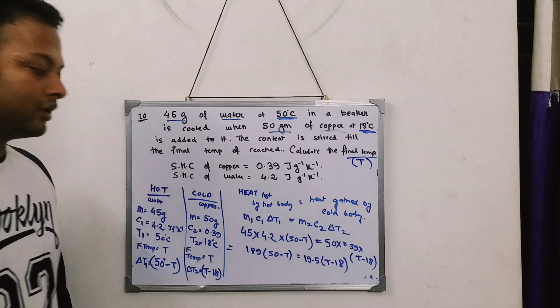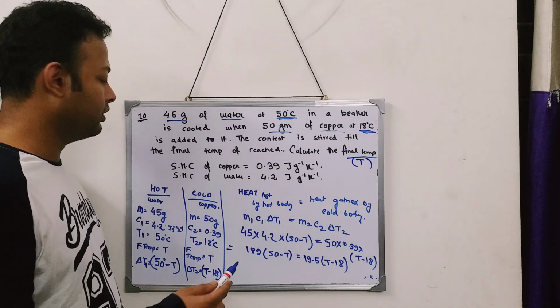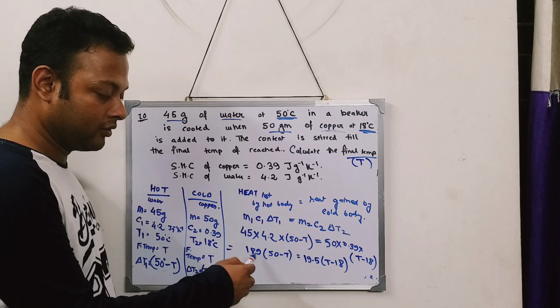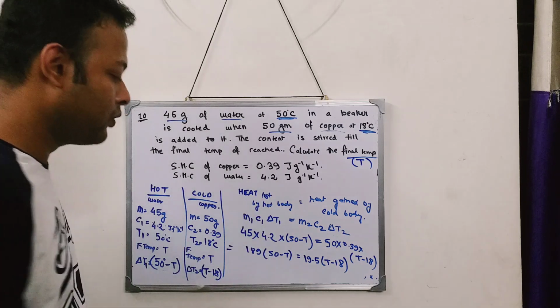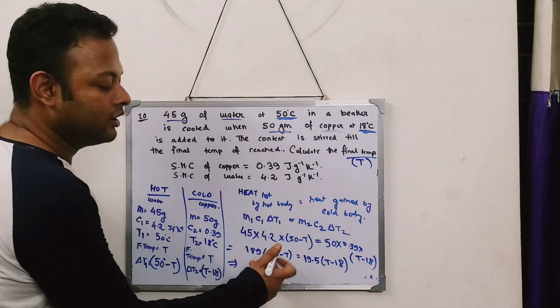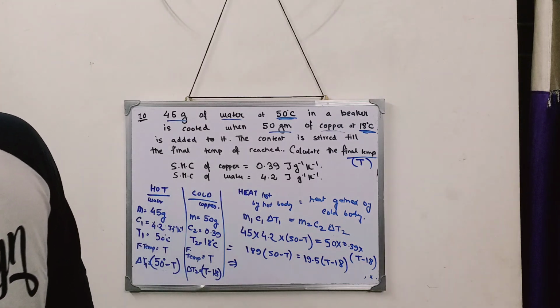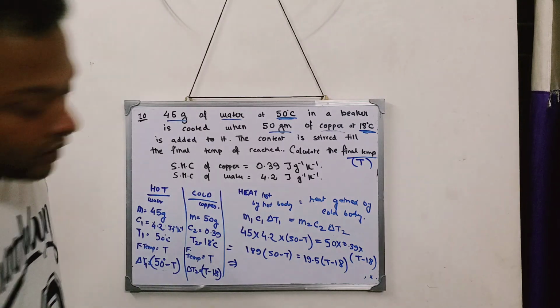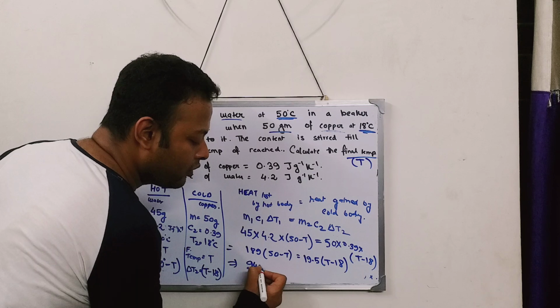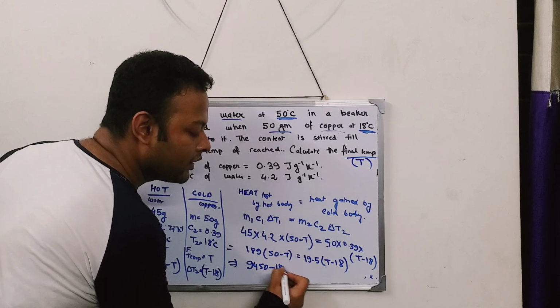Now what you do after this? You solve it further. So what is 189 into 50? 189 into 50 will give you 9450 minus 189t.